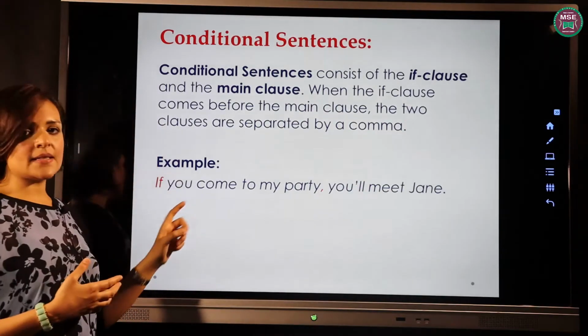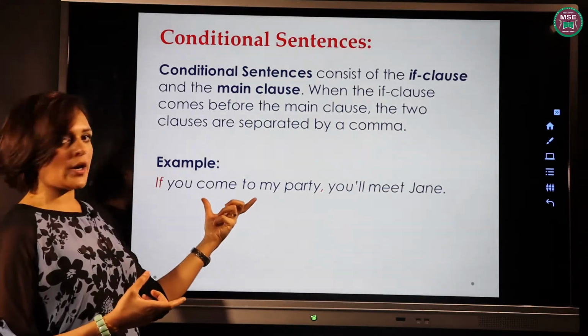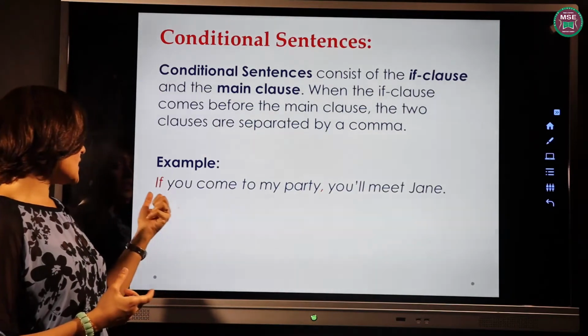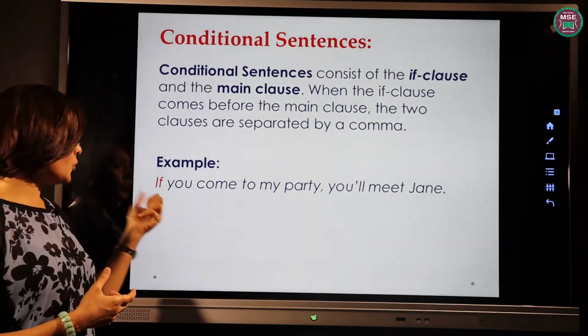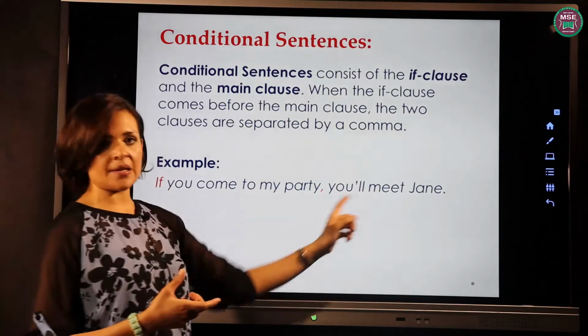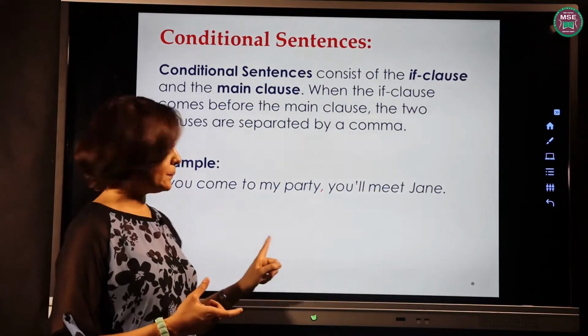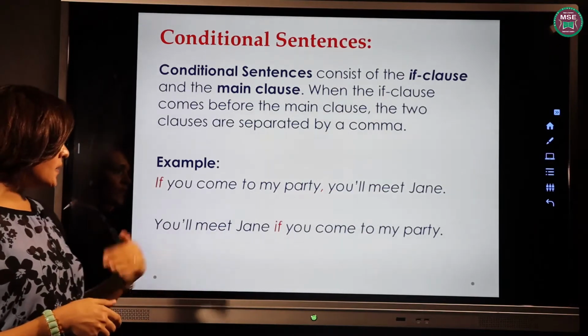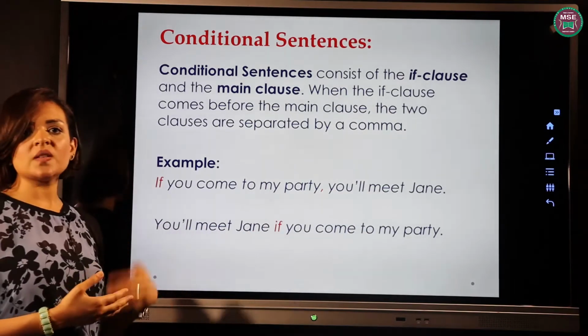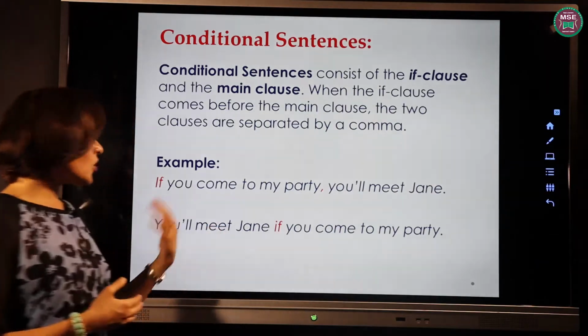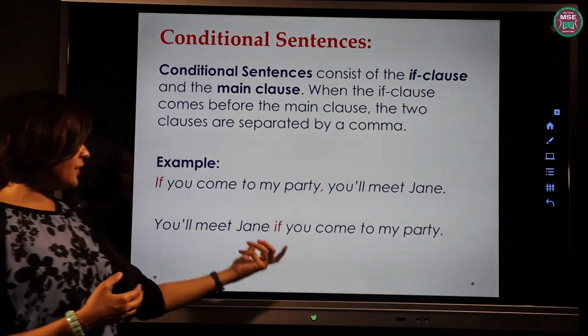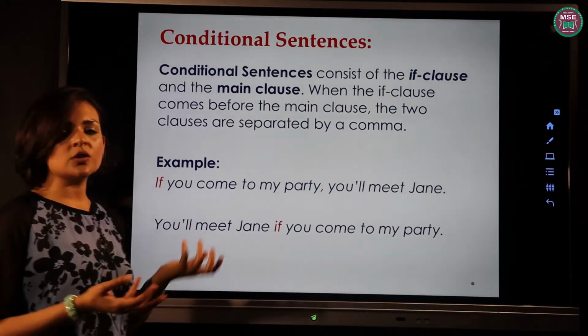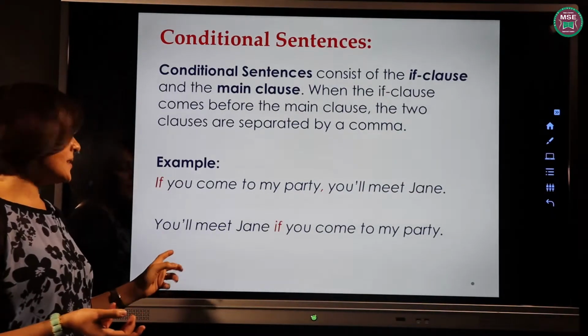Here in this sentence, I start with the if part. And when I start with if, I have to put a comma in the middle between the first and the second sentence. But it's very different when I start with the main clause or with the result. When I start with the result, I will put if in the middle, so I will not use a comma in this case.